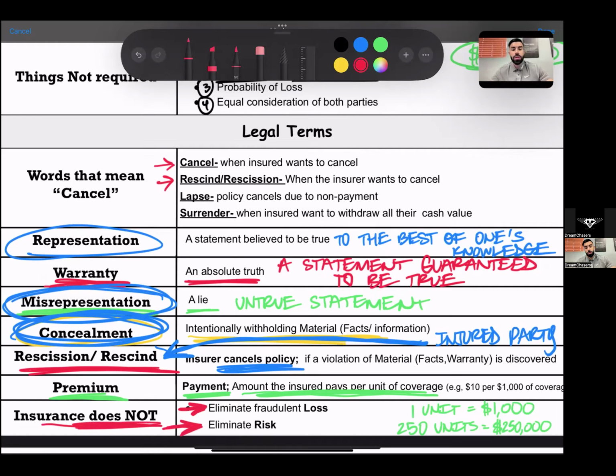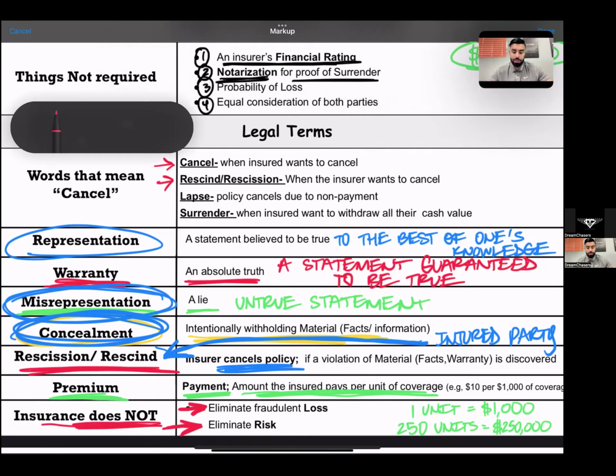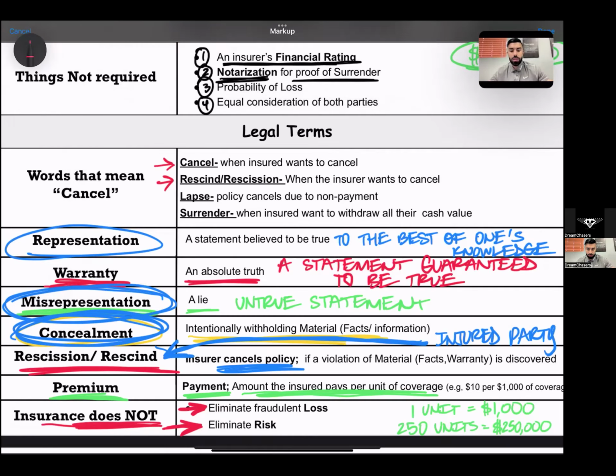Just because a person purchases auto insurance does not mean that they're going to eliminate the risk of getting into a car accident. Or just because the individual purchases life insurance doesn't mean that the risk of dying isn't there anymore. That's always going to be there. So remember, insurance does not eliminate risk and it does not eliminate fraudulent loss.